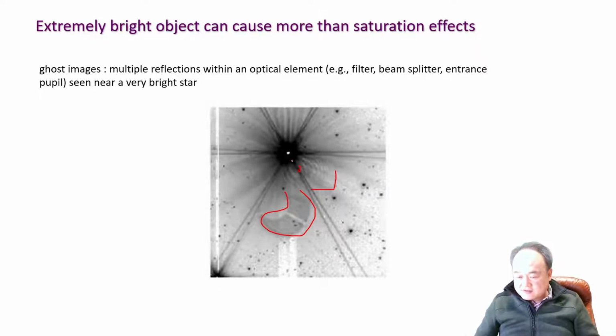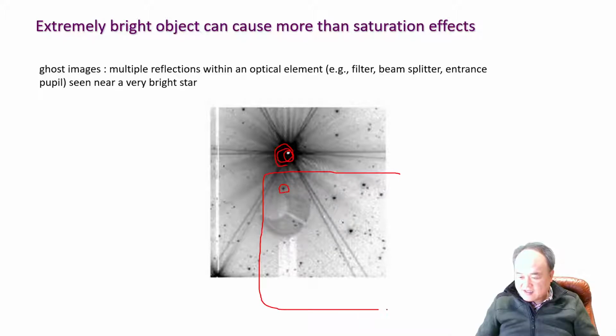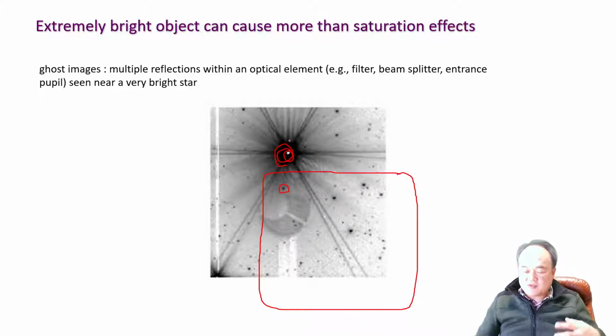Imagine that your main science target is a guy like this. Then avoiding this really bright object in the field needs to be planned, pointing the telescope in such a way that the array is arranged so that the bright source is off the detector.